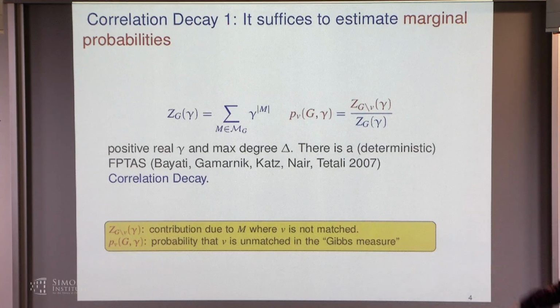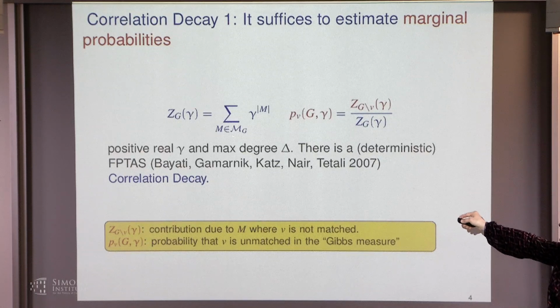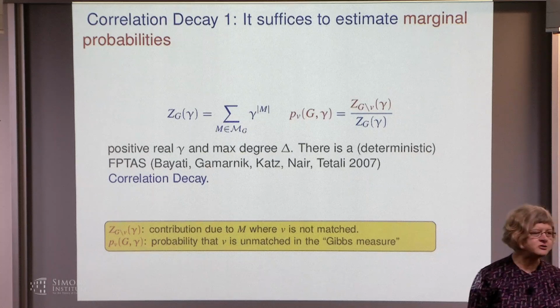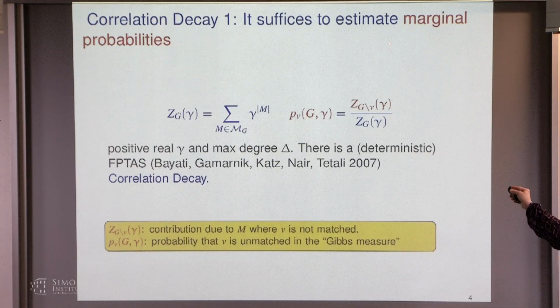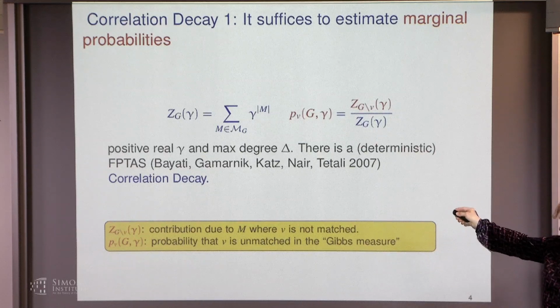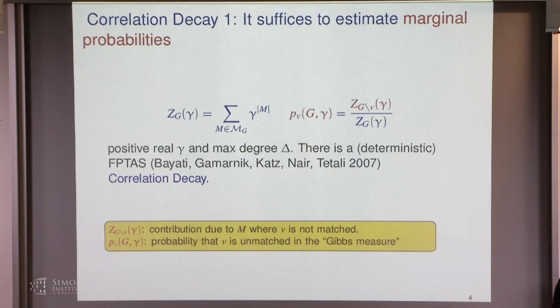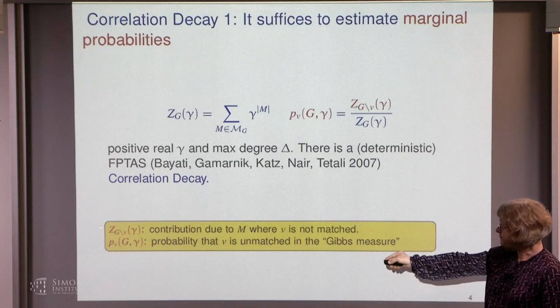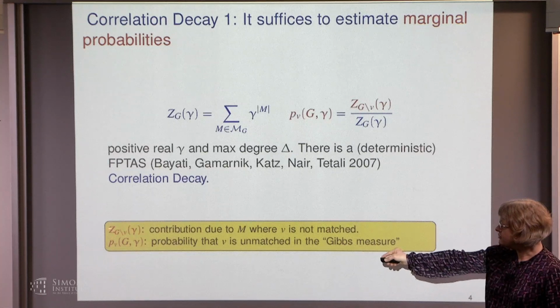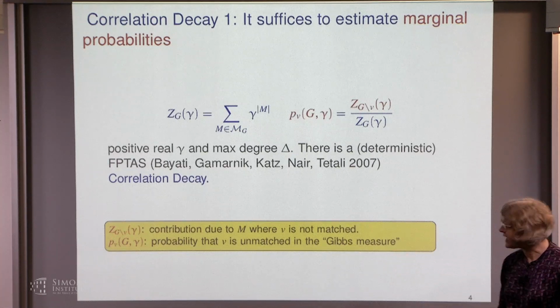Okay, so the first little snippet is that if you wanted to approximate the partition function, it would really suffice to approximate the marginal probability. And here it is a probability, because we're still in the case that gamma is a positive real. So I want to define Z of G minus v of gamma.